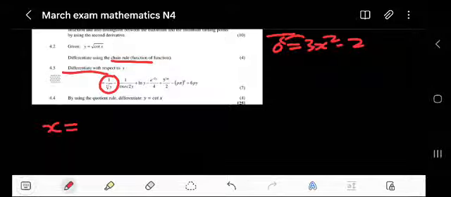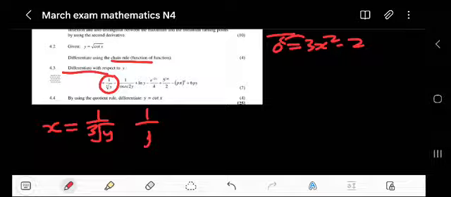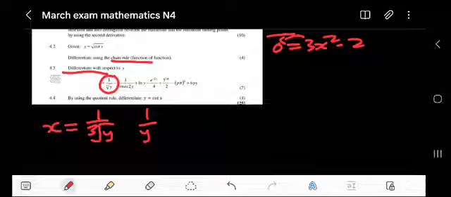We have x equal to, let us rewrite this in a nice format. The first term is 1 over y raised to the power of 1 over 3.